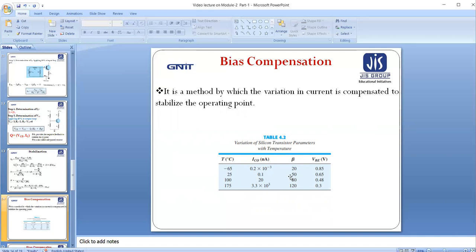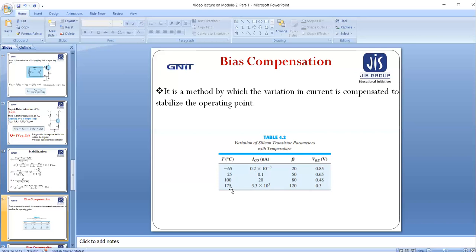Beta increased to 50, whereas the VB decreased to 0.65. When we further increased the temperature to 100 degrees centigrade, IC naught devastatingly increased to 20 nanoampere, beta increased to 80, and VB was further reduced by a drastic amount to 0.48.